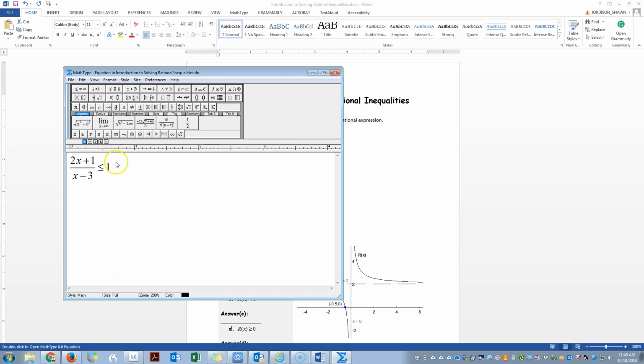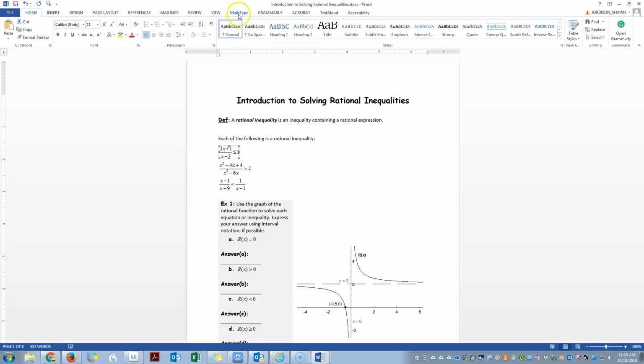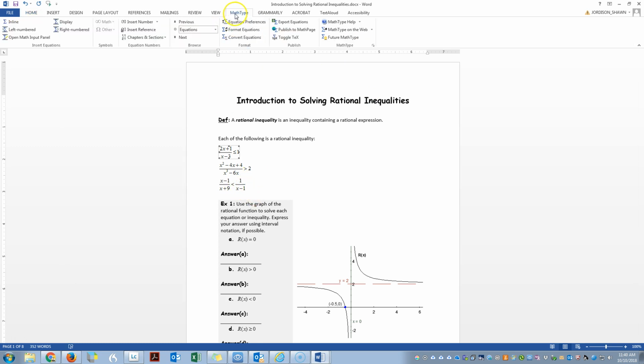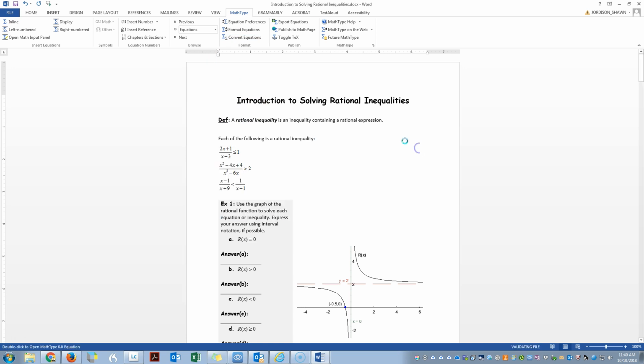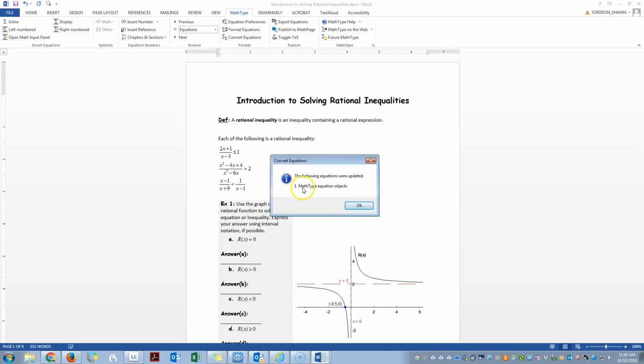However, it looks like they're converting nicely into MathType. One thing we can do to check is go into the MathType toolbar here, and we can actually convert the equations into MathType.